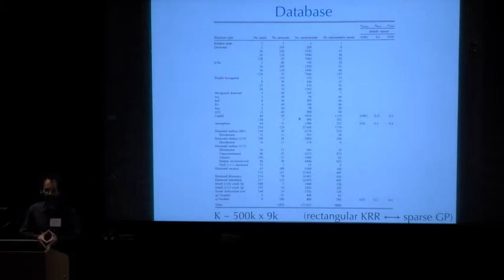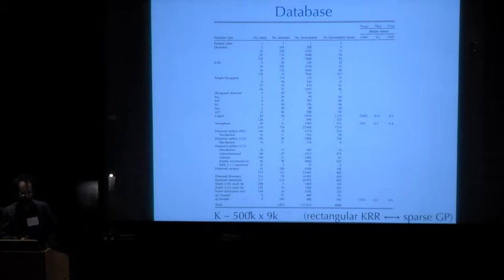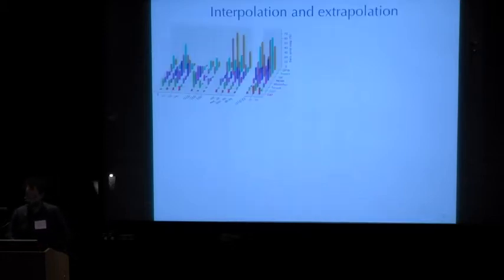When the queue time ended, we just used whatever we had and so on. So it's very, very ad hoc. We end up with about 500,000 pieces of data, gradients and energies, and we picked 9,000 basis functions. So we have a rectangular kernel ridge regression. That's the same as a sparse GP, so 9,000 sparse points in our Gaussian process. And we end up doing really quite well.